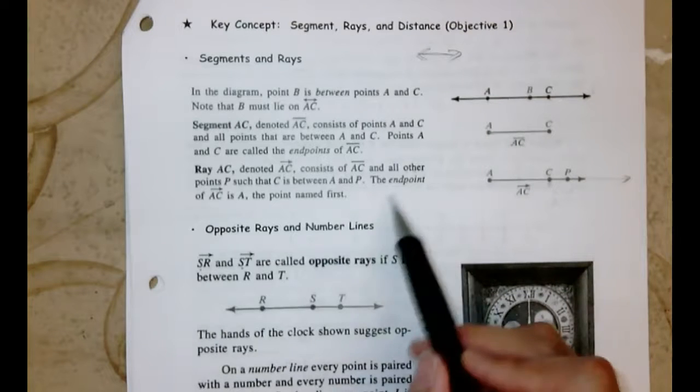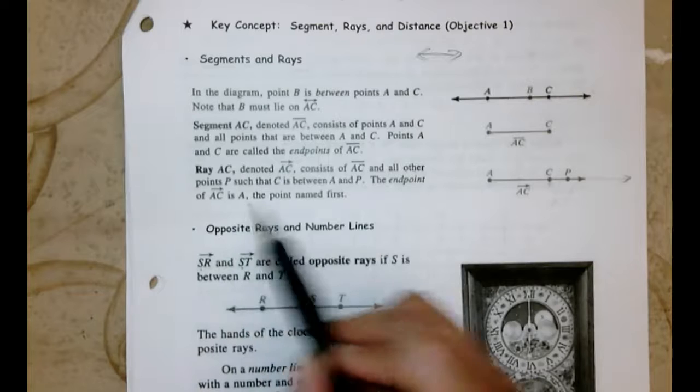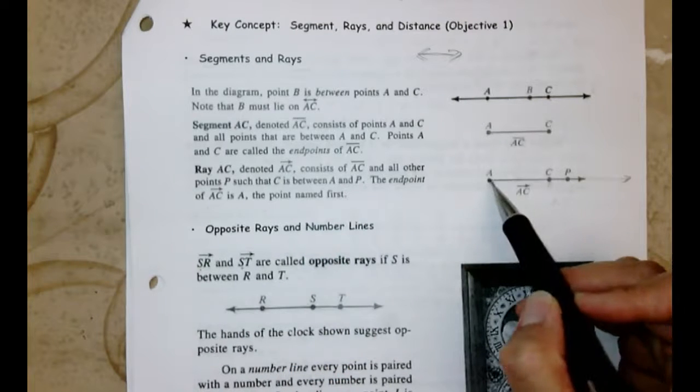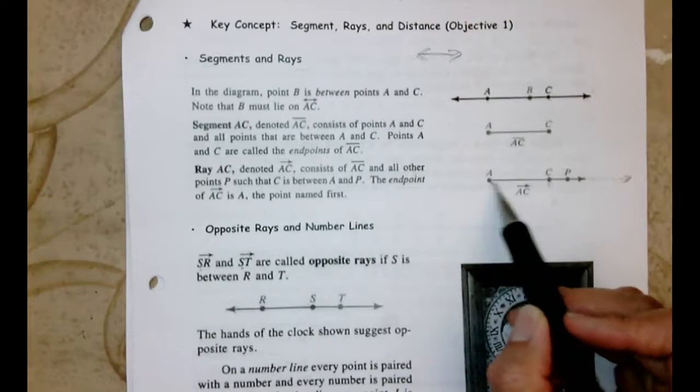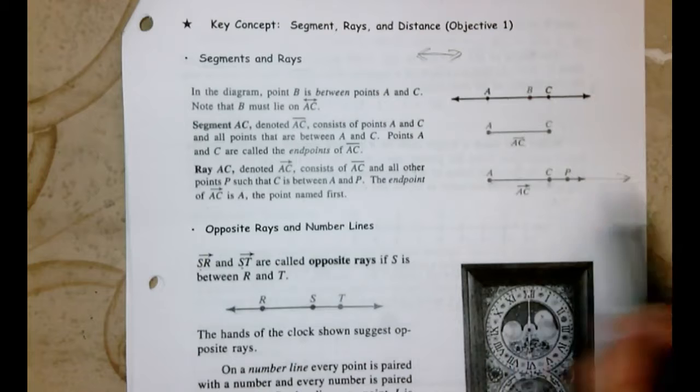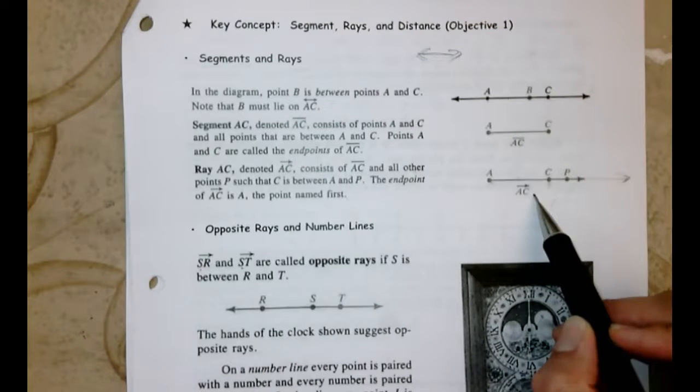The endpoint of ray AC is A, and that point's name is written first. They call it an endpoint, but it's kind of like a starting point of the ray. So it starts here, and all the points on the other end, inclusive, make ray AC.